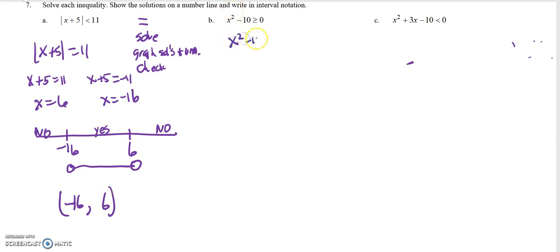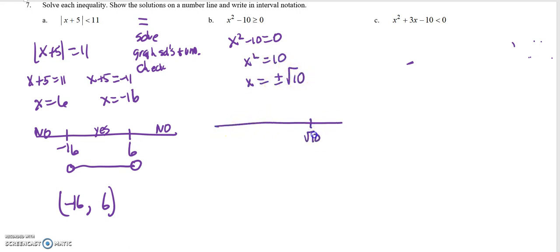Make this one equals. Now to solve, I get two answers, plus or minus the square root of 10. Put those on a number line. And then check. If I sub in 3 or 4 over here, 16 minus 10 is greater than 0. So this checks.